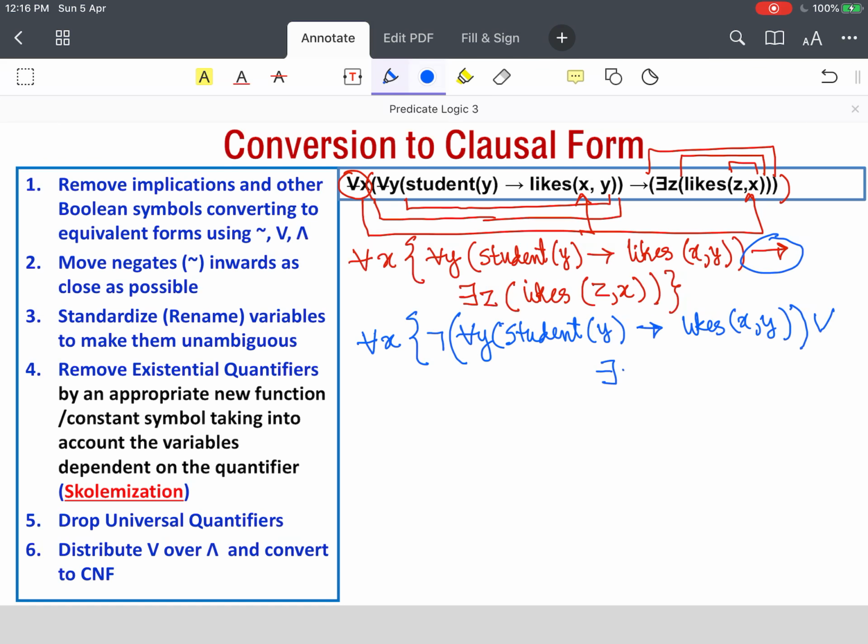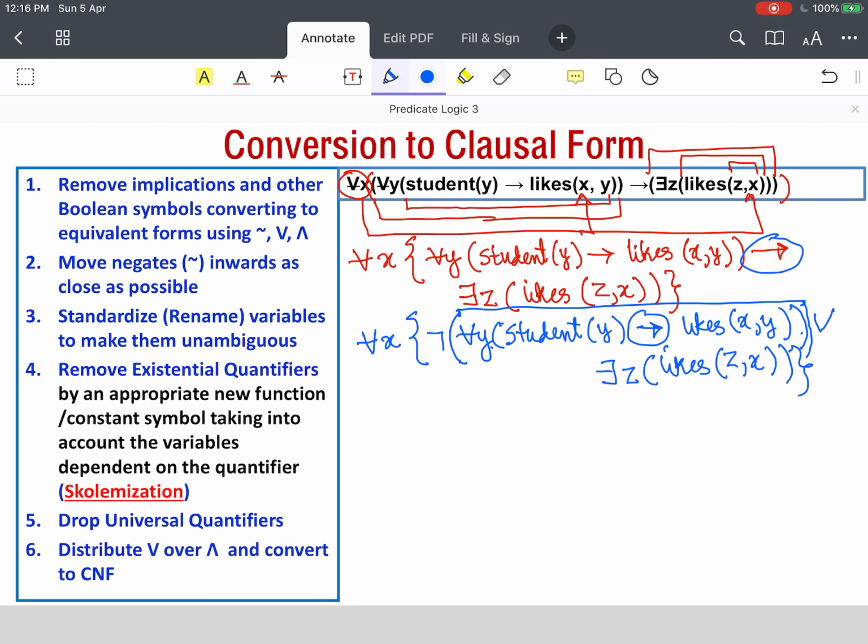So this part is this part, or there exists z likes zx. This sign is for this, so this bracket covers this negate sign, and this is for this one.